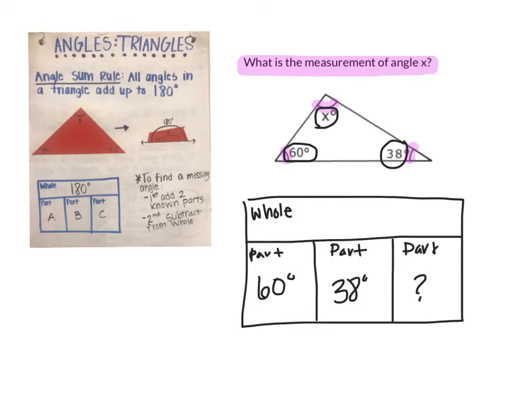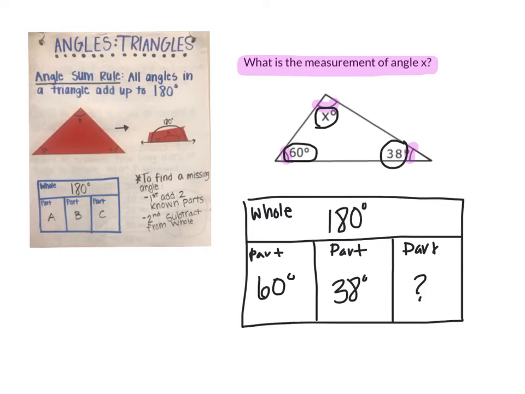And the last thing we need to label is our whole. Something that is really important about these types of questions is they are not always going to tell you that the sum of all 3 angles, or your whole, is equal to 180 degrees. This is one of those rules, one of those facts that we have to have memorized and know at the top of our heads to solve these types of problems.